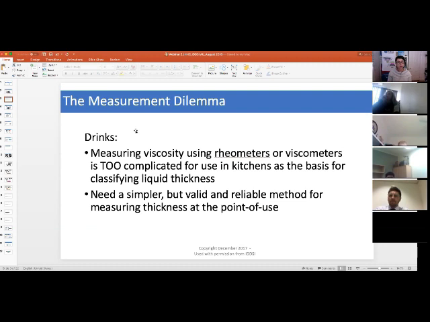Most of those are too complicated for use in kitchens in order to try and classify liquids. So we needed something that was simpler, but also valid and reliable for measuring thickness at the point of use. And I'll come back to that point again in a moment as well.